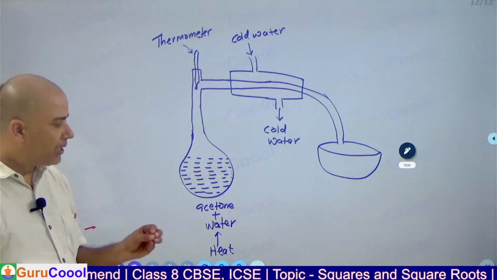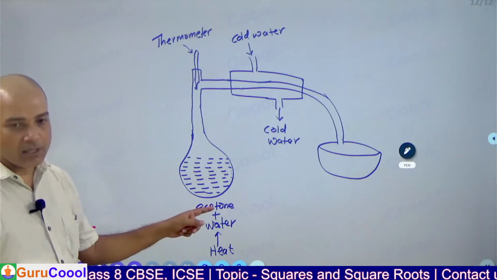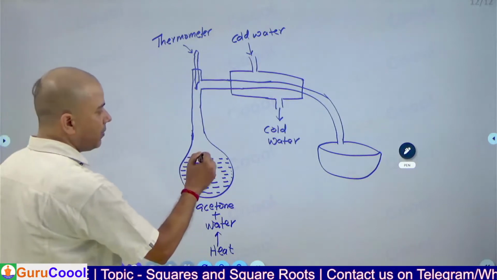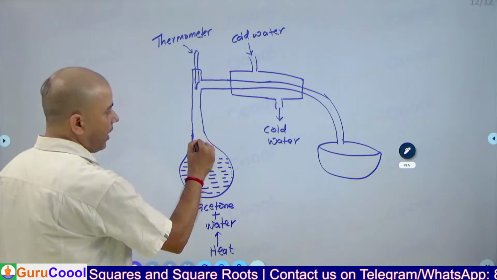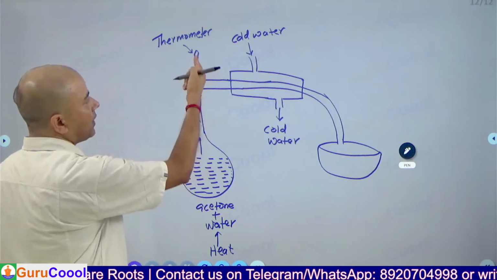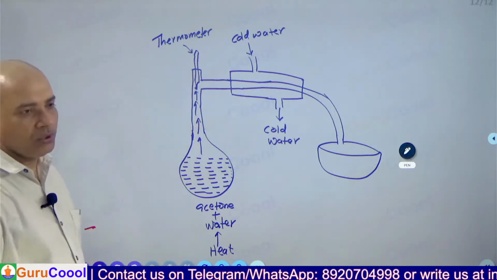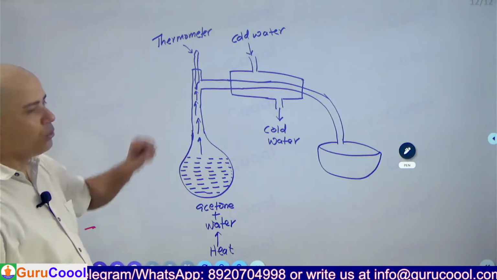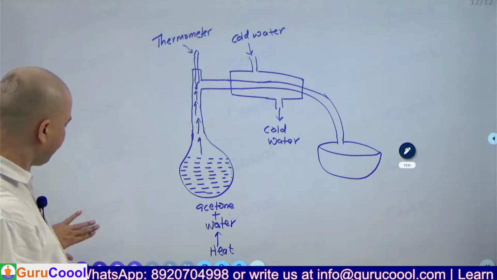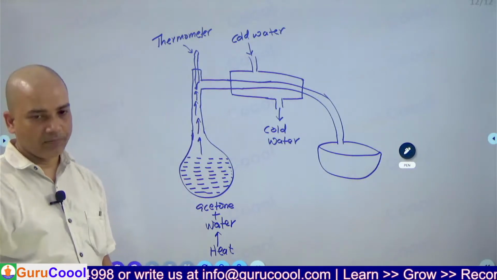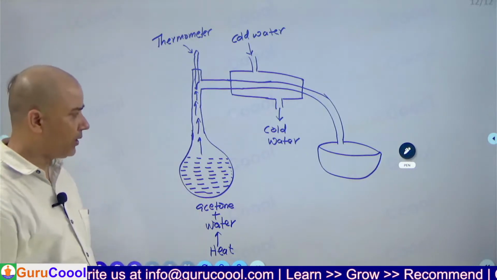So at a lower temperature, acetone starts boiling and becomes vapor. It evaporates and goes up. The thermometer is fitted just to indicate how much temperature is being supplied, and you can control it.